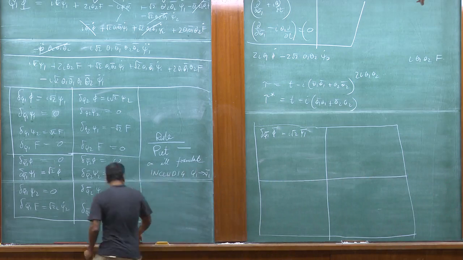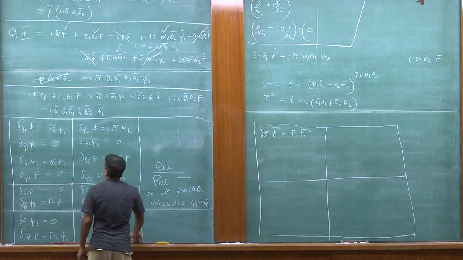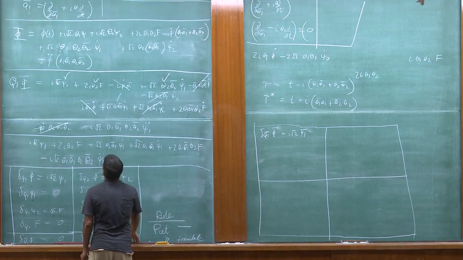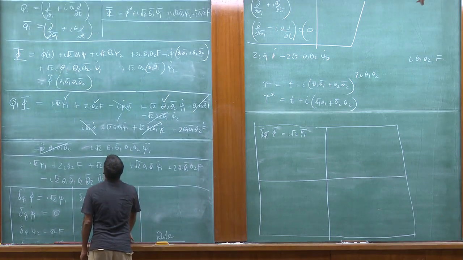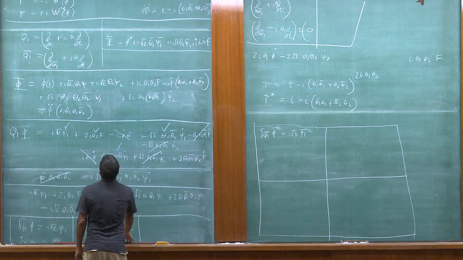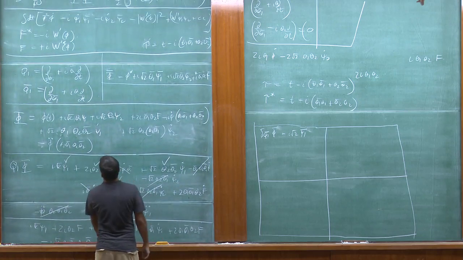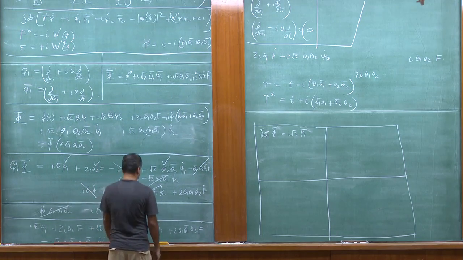Schumann had told me what? F star is equal to minus I W prime phi, and F is equal to I W prime star phi.